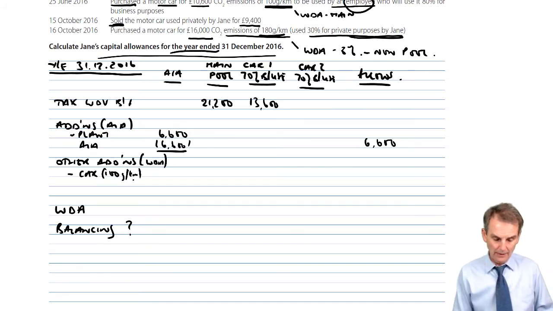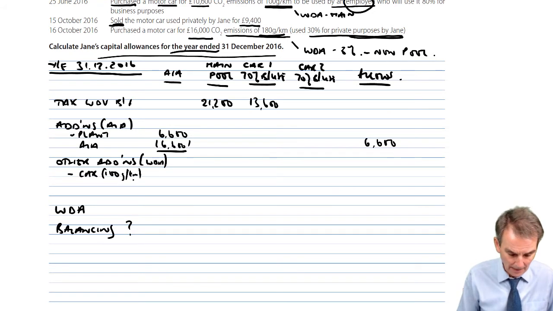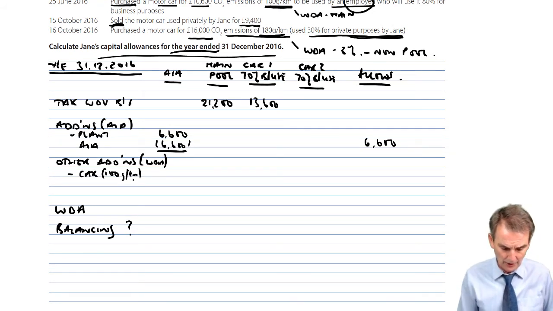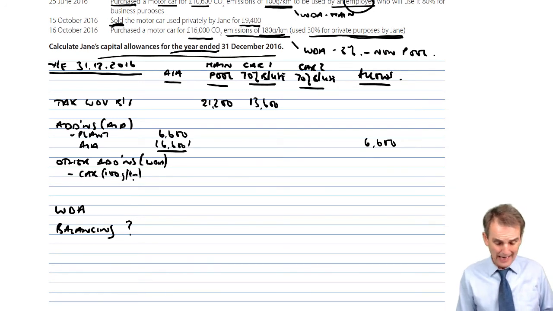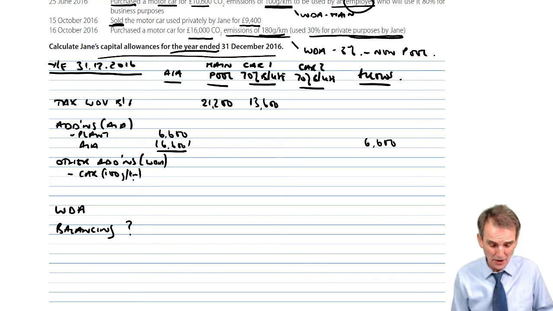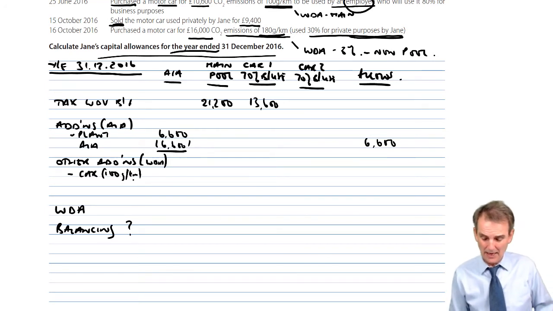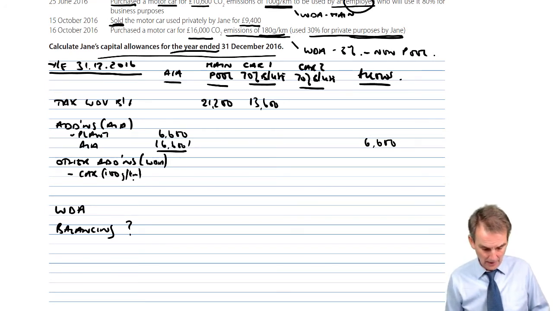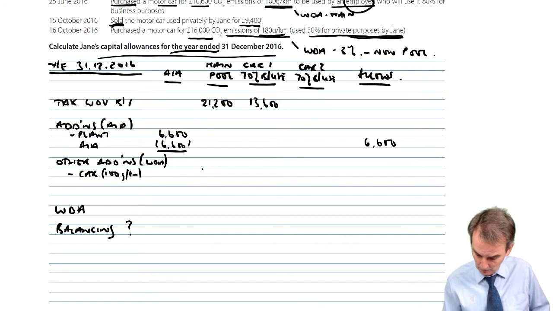That one cost £10,600. That was the one that we purchased on the 25th of June 2016, and we know that although it had private use, it was by an employee, so that has no effect. And we've already noted next to it that it was a main pool item. The cost, we said, £10,600, and therefore we allocate that to the main pool.